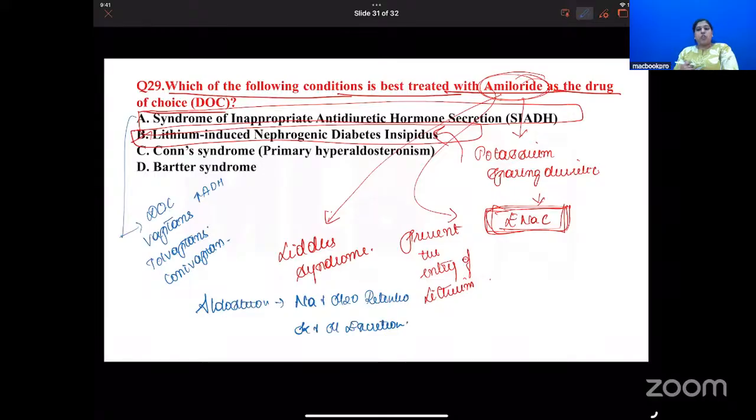In Conn's disease, the primary hyperaldosteronism, there is a tumor producing excessive aldosterone, which causes excessive accumulation of sodium and water and excessive excretion of potassium and hydrogen. So the management is spironolactone. In case of Conn's disease, the drug of choice is spironolactone, and eplerenone can also be given.